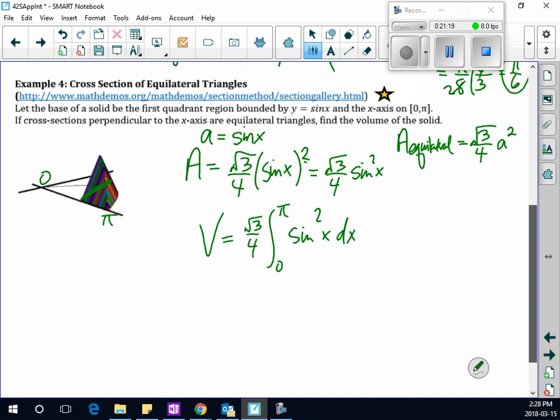You're supposed to use the half angle identity, 1 minus cos 2x over 2. You should have that on your sheet, because they may ask you to do this by hand. So you need to change this to the identity 1 minus cos 2x over 2, from 0 to pi.